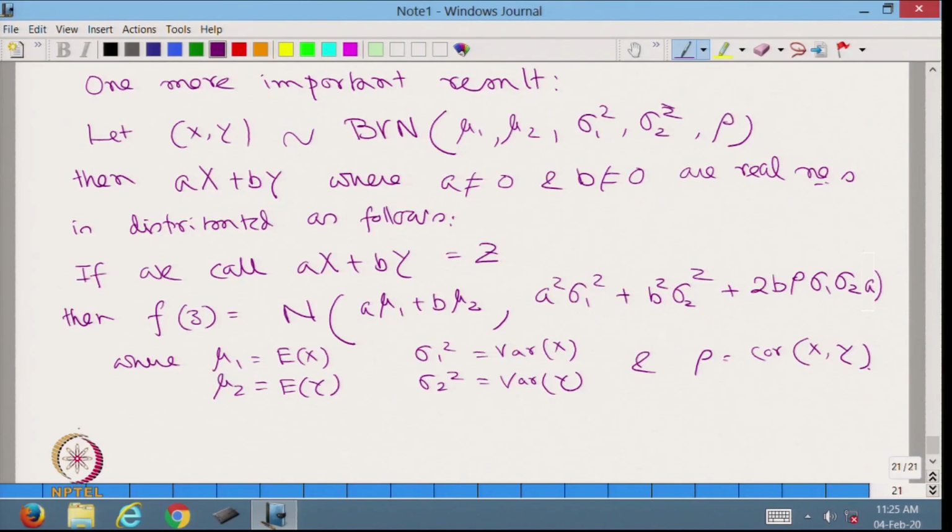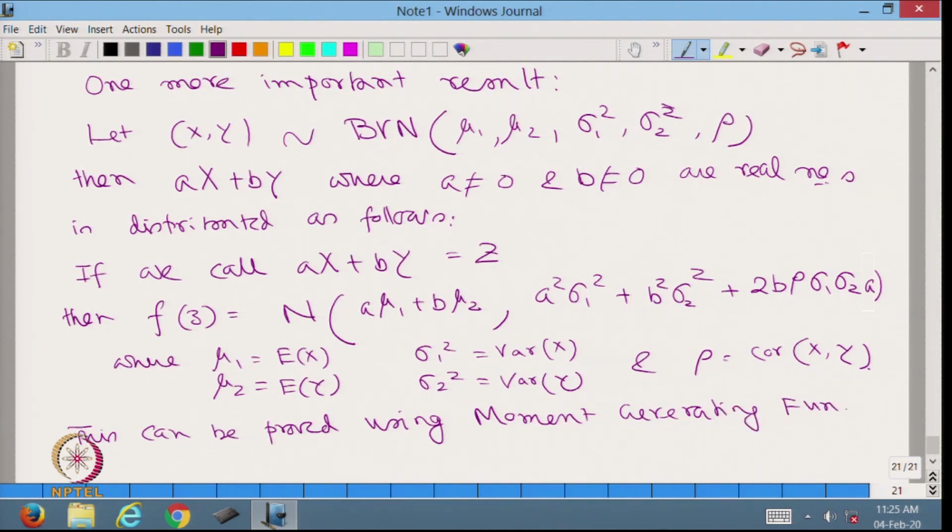This can be proved using moment generating function and uniqueness of that.